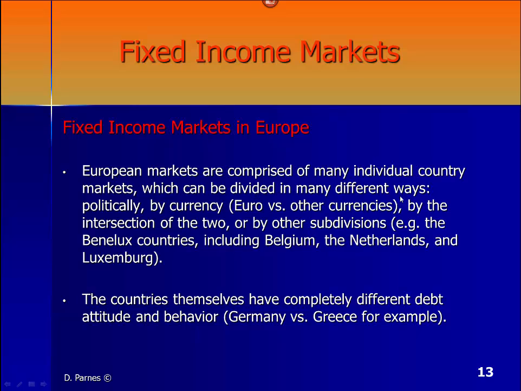Let's learn a little bit about those markets. We can divide the European markets in different ways. We can divide them politically, based on political systems. We can divide them by currencies, for example the euro currency versus other currencies. Great Britain, for example, was and still is part of Europe, but they never adopted the euro.